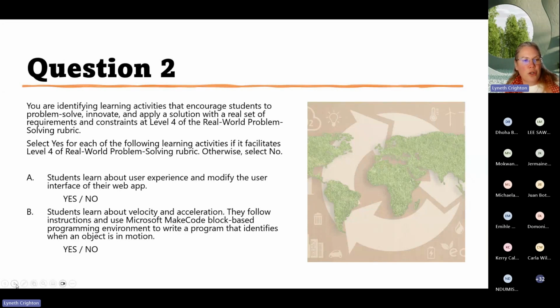So if students learn about user experience and they modify the interface of an app, are they creating something innovative? And then if they learn about velocity and acceleration and they follow instructions and they create a block code programming environment to create the program that identifies if the object is in motion.